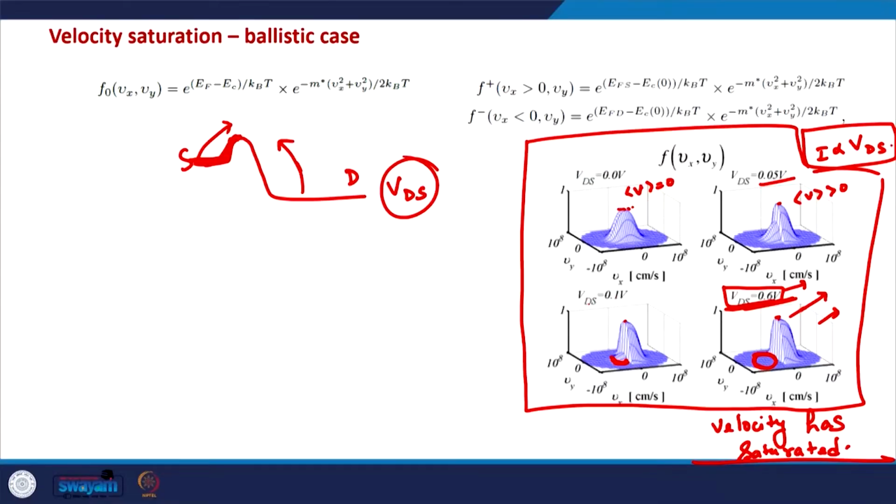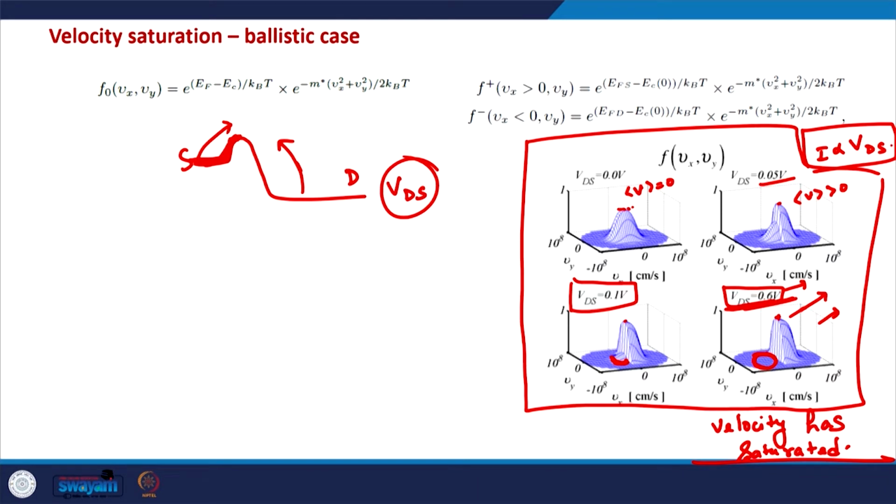Now let's come to the second point, which is that as we are increasing the VDS voltage, first what we have just discussed is that the negative velocity electrons are going down, but at the same time the positive velocity distribution is slightly becoming more in height.